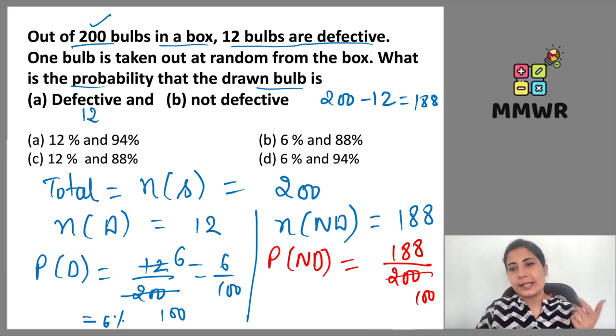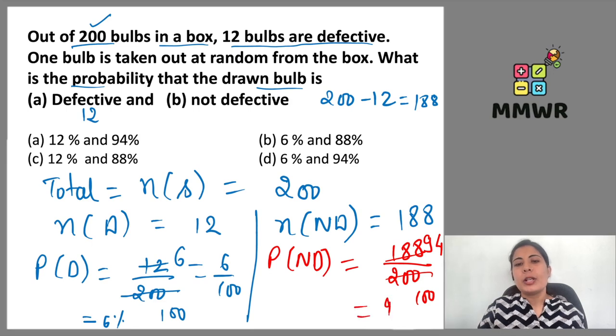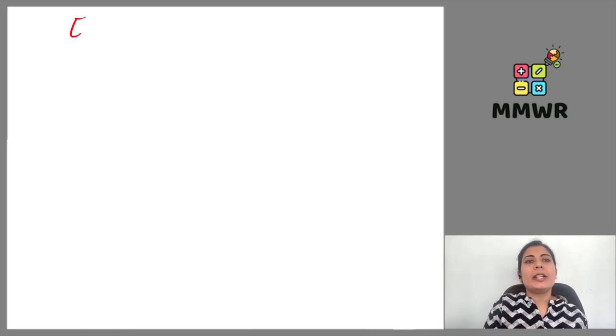To get 100, there cannot be a better way than this. Remove the 2 from 200. So we have to balance it out. If 200 is divided by 2, we will divide the numerator by 2 as well. 2 nines are 18, 2 fours are 8. So 94 upon 100, which is 94%. This can be done this way also. We have the event of defective bulb.